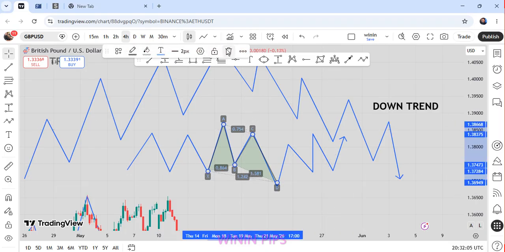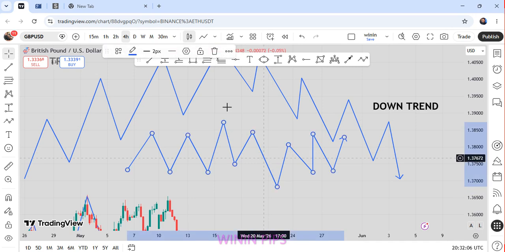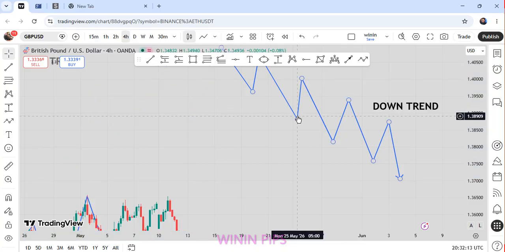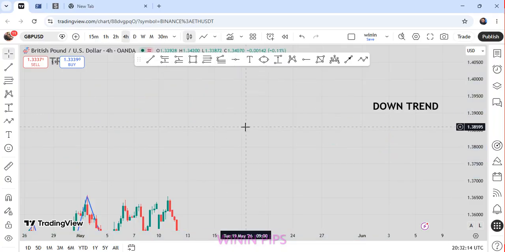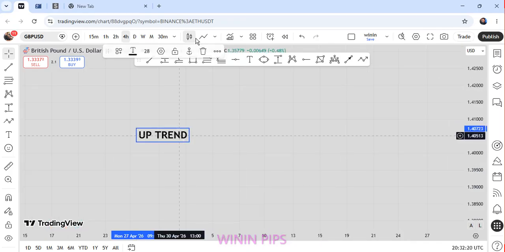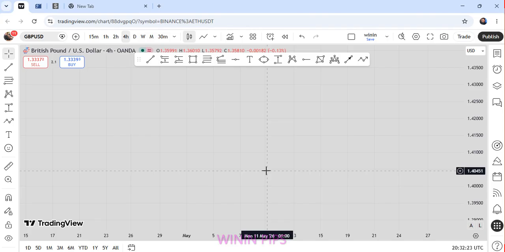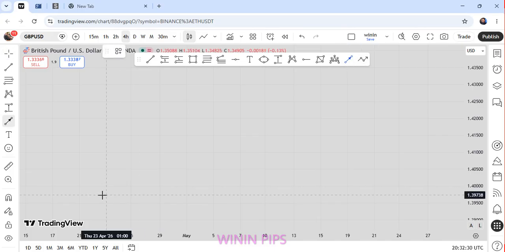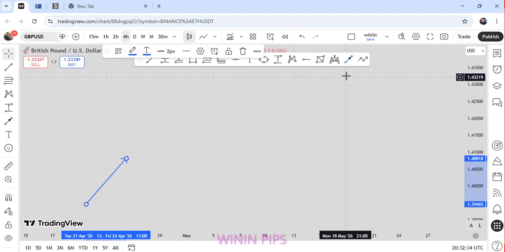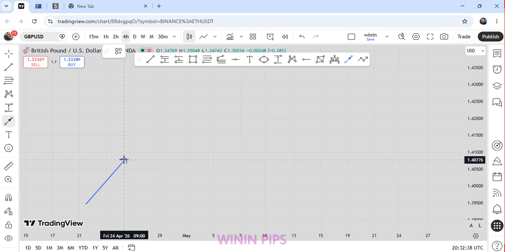So let's quickly look at some basic principles that will help us identify an uptrend or a downtrend. So let me quickly do away with all this. Alright, so in a trend we have an impulse move like this, then a retracement.